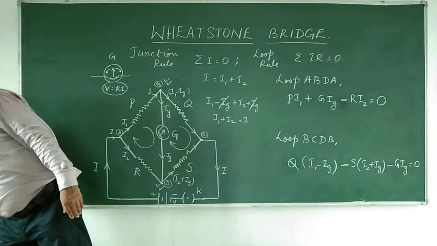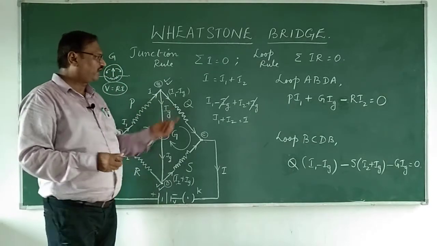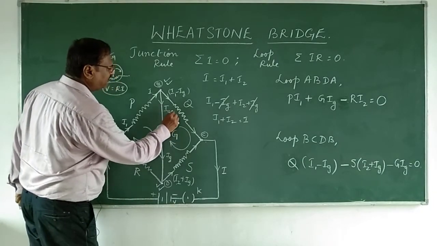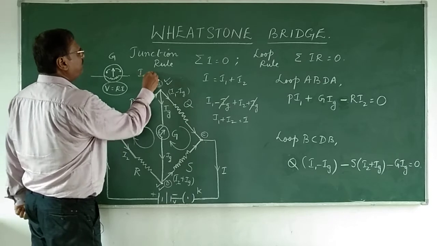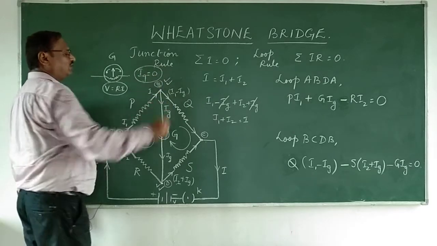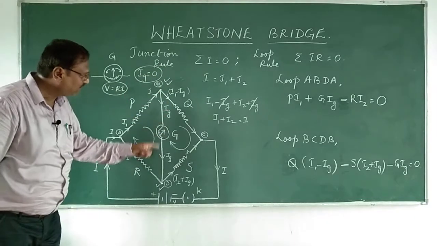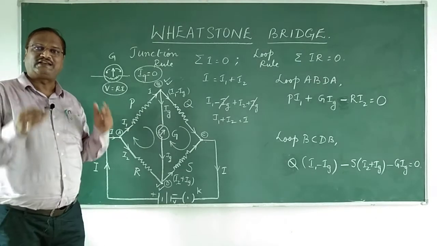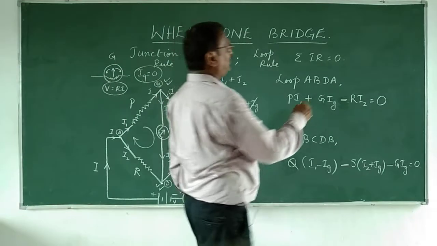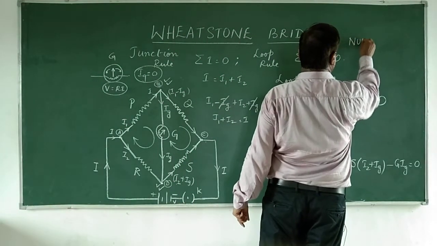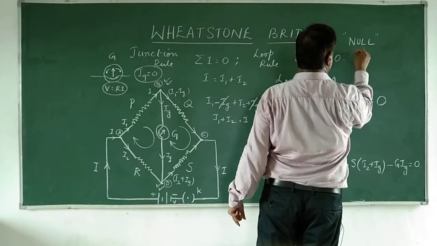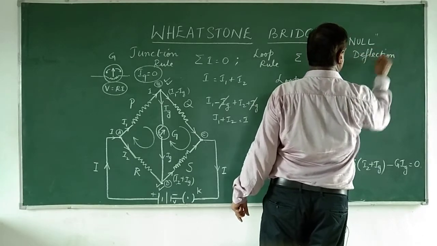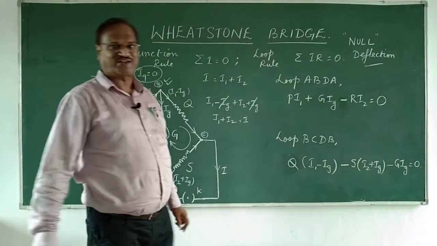What does it mean? When no current is flowing through, what does it mean? That means current through the galvanometer, Ig has become 0. That is called null deflection. What is that called? Null deflection. That is no deflection. Okay, in the galvanometer.